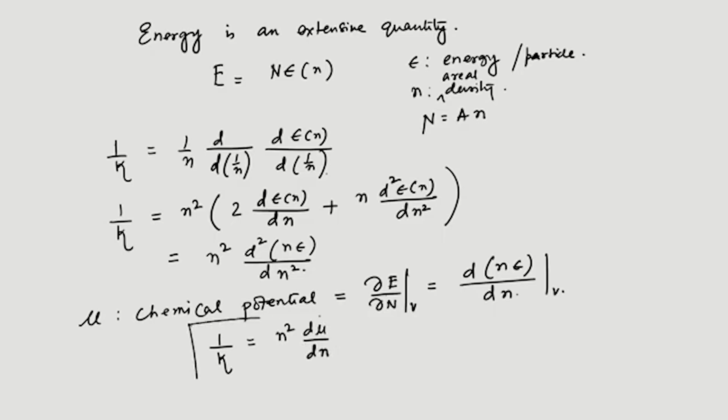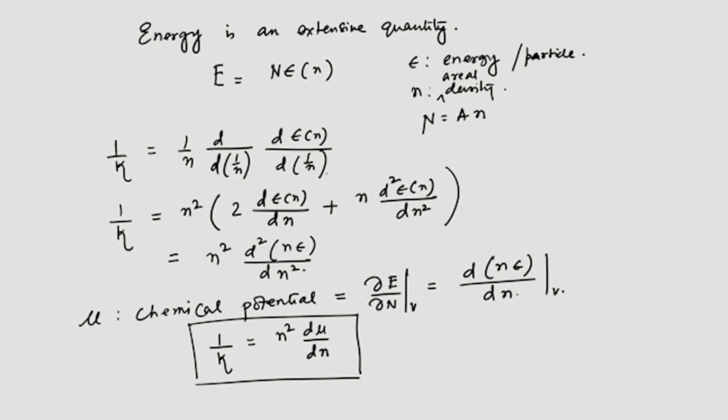Probably this is a result which is known, but I still derived it because this result is not known in the context of 2D. Because we are talking about a two-dimensional electron gas, maybe this result is important. And so what it tells you is that the inverse of the compressibility is related to del mu del n.